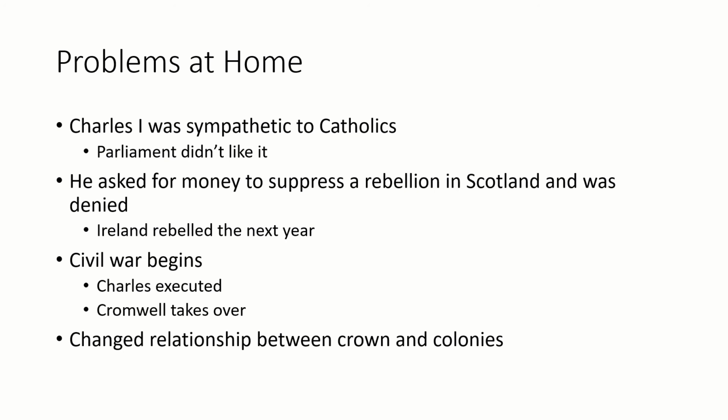Now, in 1642, there was no permanent British North American colony older than 35 years old. And so the Crown and the other proprietors control most of the colonies, but the settlers from Barbados all the way to Maine have a lot of independence.